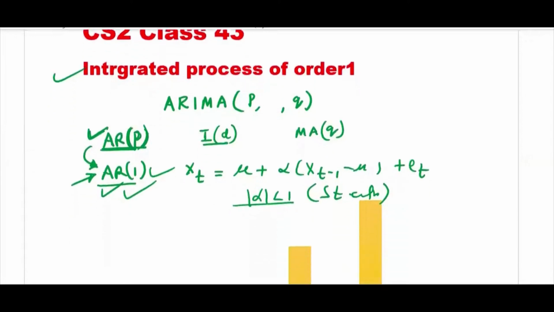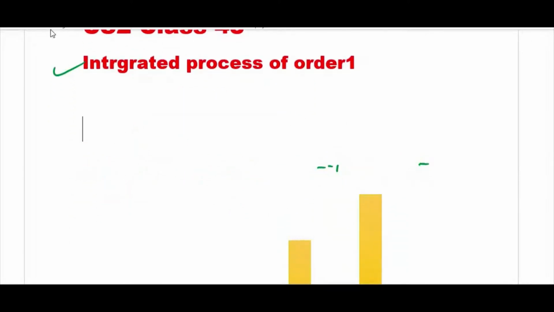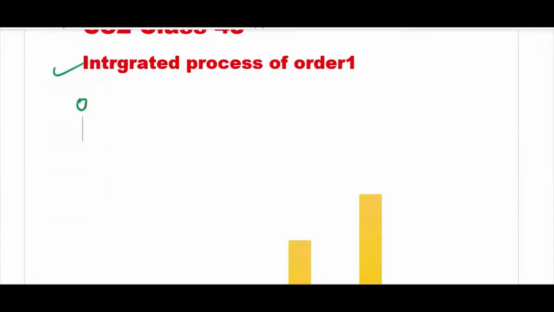In today's class, I want to consider consumer price index. Suppose you know consumer price index Q1, Q2, Q3, Q4 up to Qt minus 1. These are the values at times 1, 2, 3, 4, up to t minus 1.